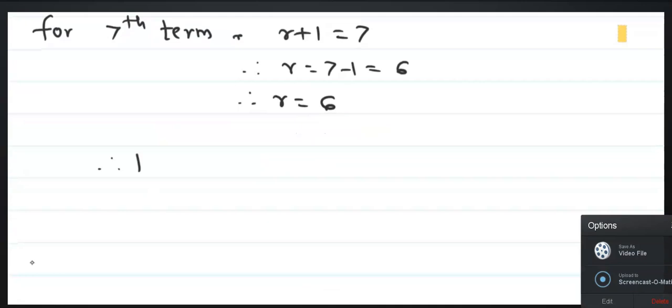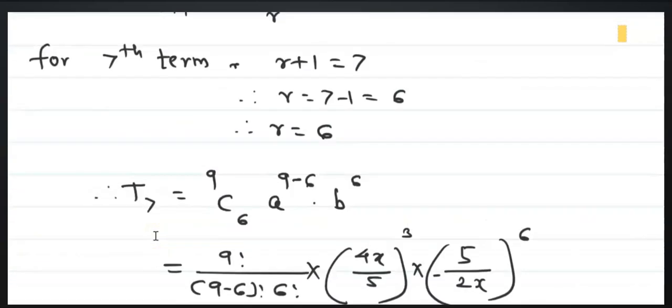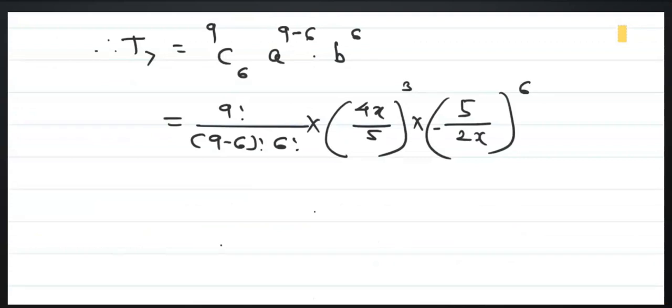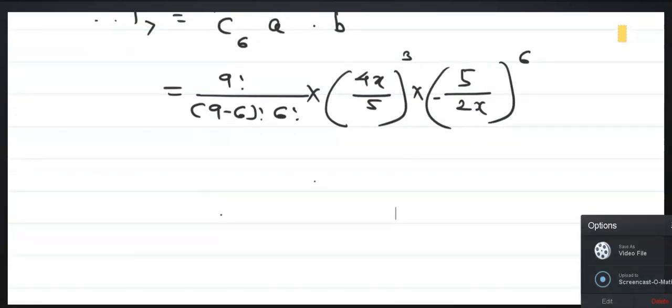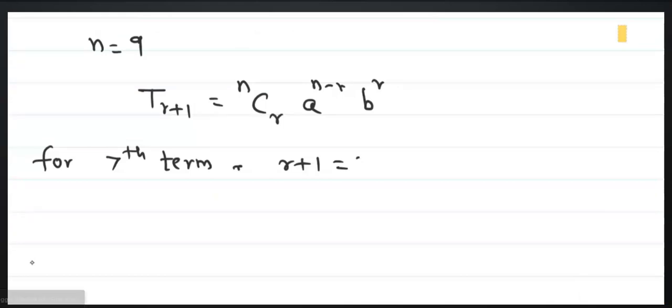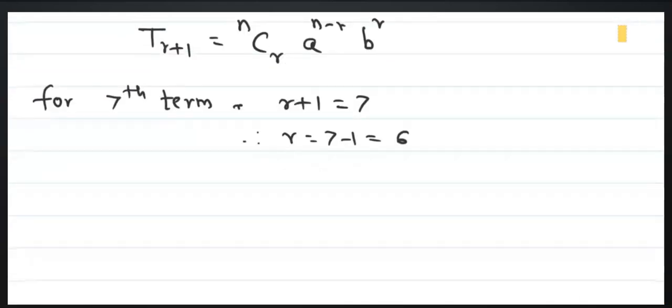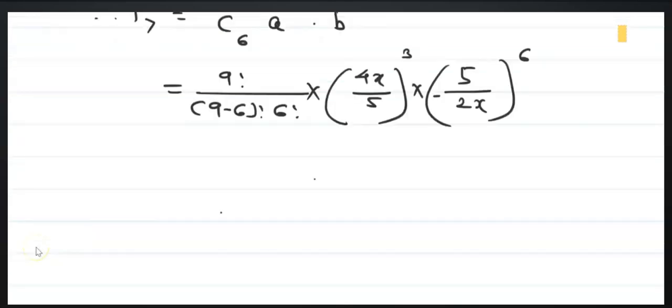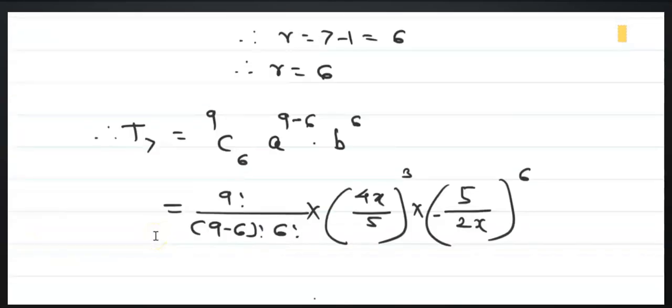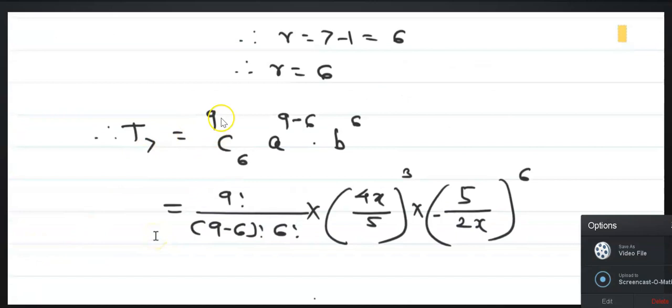Now substitute the values: 9 factorial upon 9 minus 6 factorial into 6 factorial, (4x upon 5) raised to 3, (minus 5 upon 2x) raised to 6.